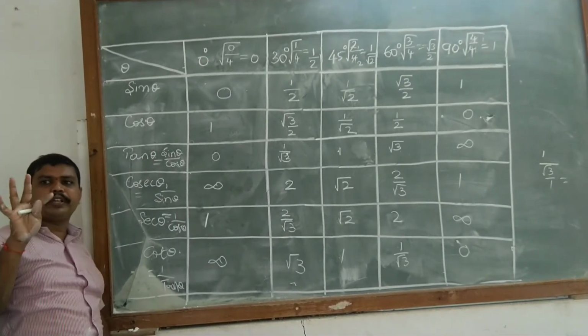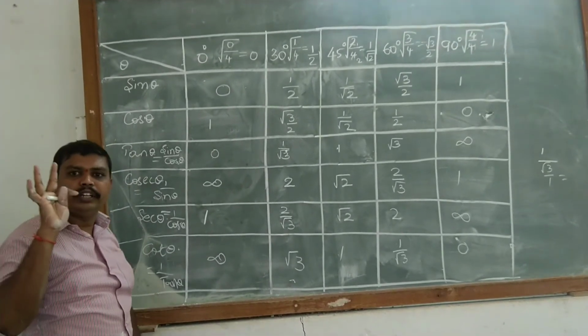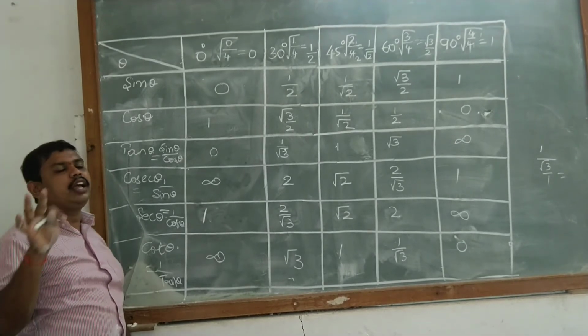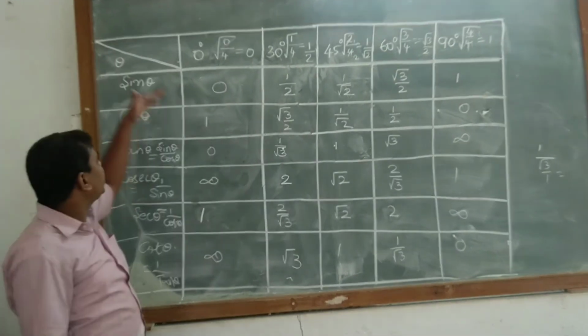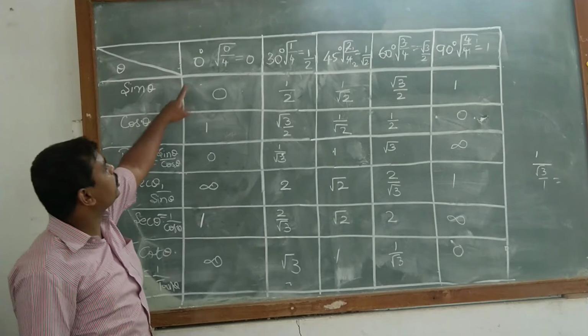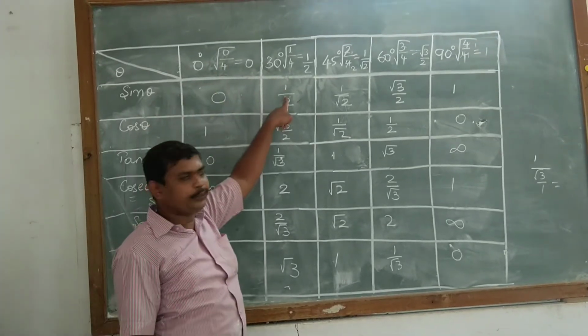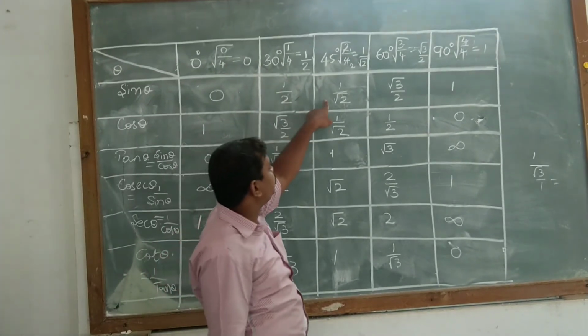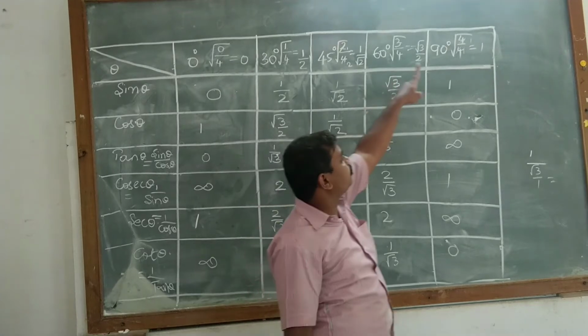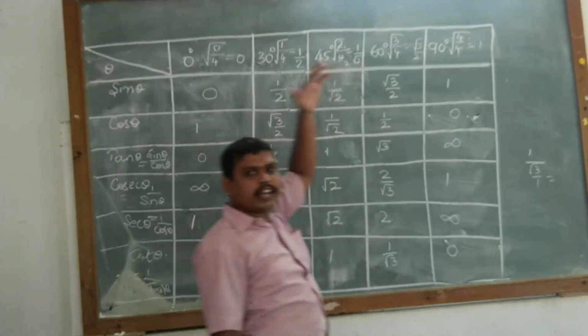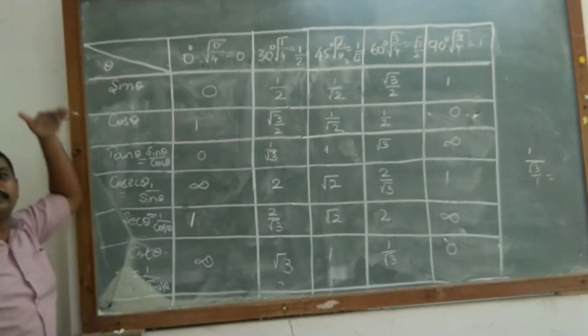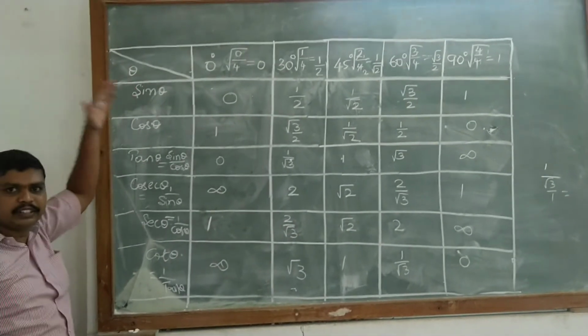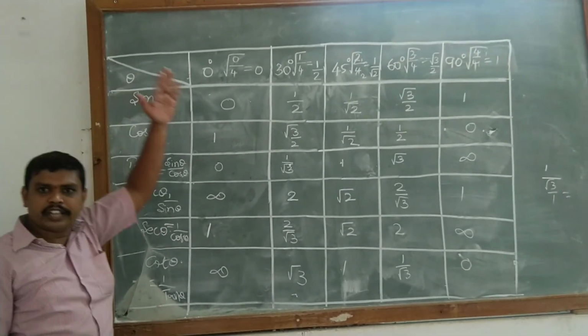Then the third step is you are going to take the square roots of it and obtain the values. Let us see here, sin 0 is 0, sin 30 is 1 by 2, sin 45 is 1 by root 2, sin 60 is root 3 by 2, sin 90 is 1. We have assigned some values, divided by 4 and taken the square root. In that way we have obtained the sin values.